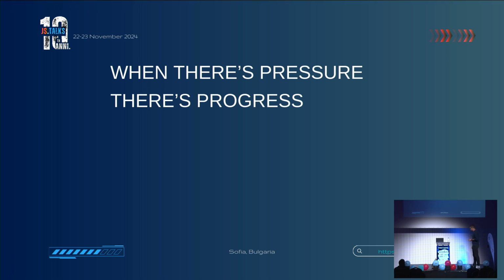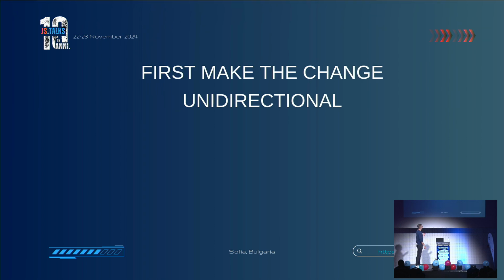So this leads me to this quote: there was pressure for the industry to improve, and when you see pressure, there is progress. And we saw this proliferation of frameworks that all seem to have one common pattern in mind, and that's to make changes unidirectional.